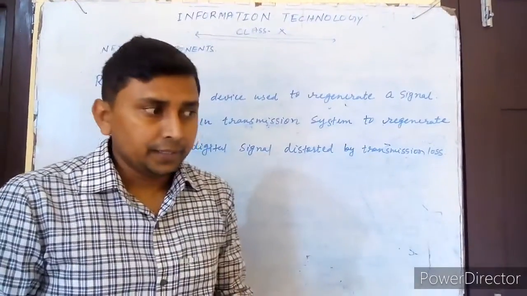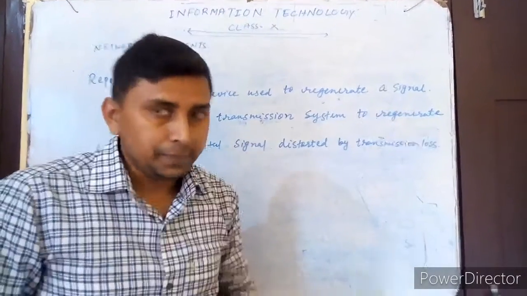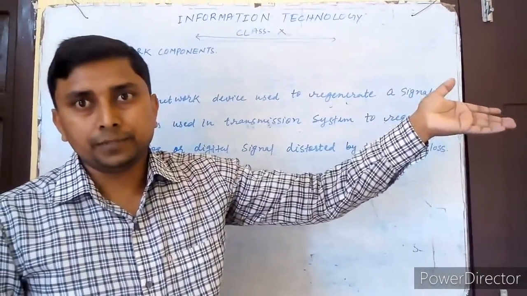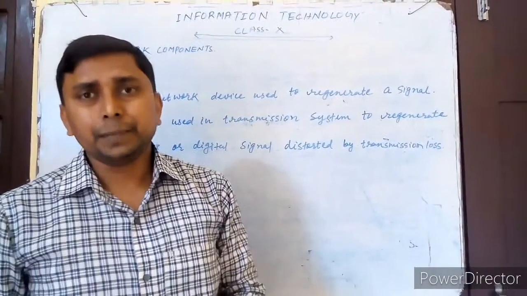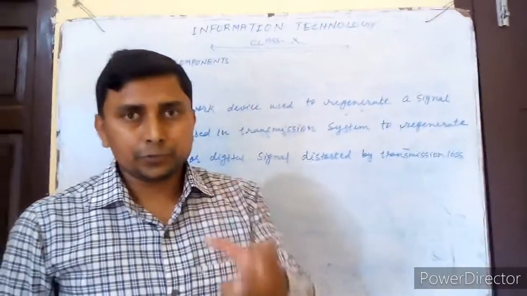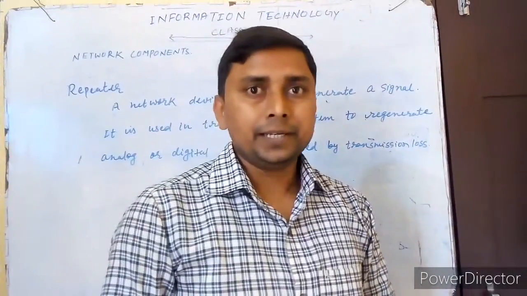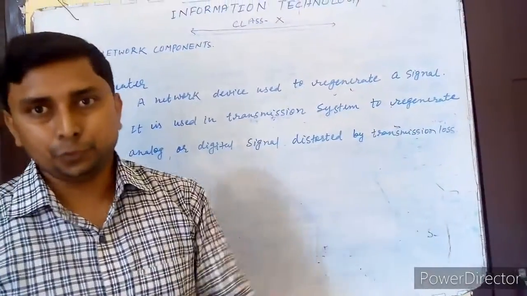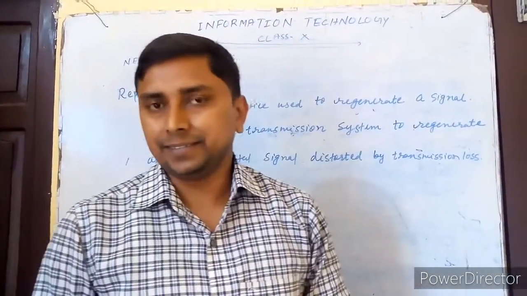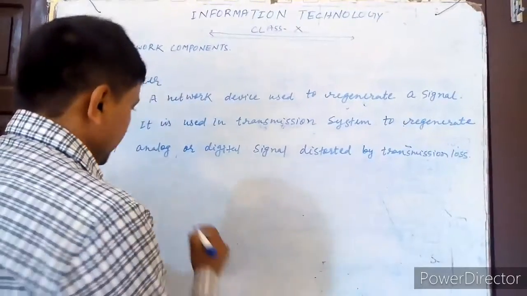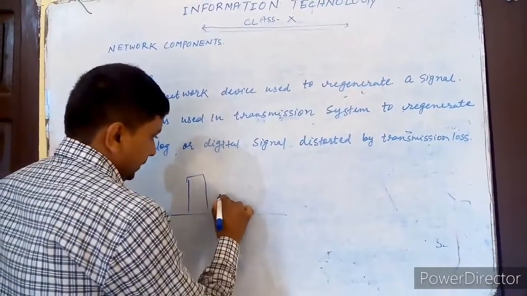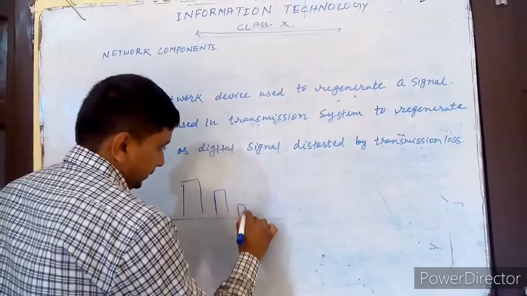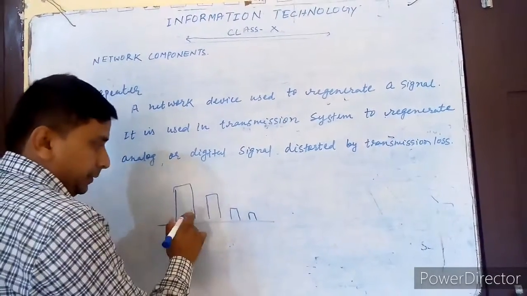When any data signal is passed through a wire or cable, after a long distance it loses its capacity. It loses its power. For that purpose, a device named repeater is used to boost the signals. Suppose there is a signal.